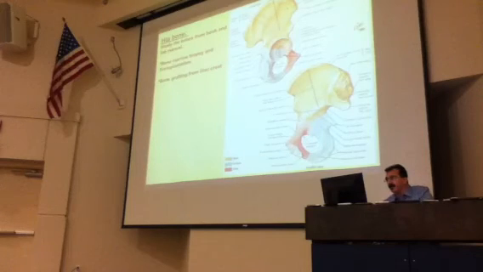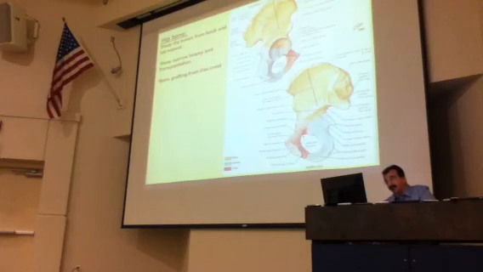Now, this has, of course, an outer lip and an inner lip as well. And anteriorly, it begins or ends here at the anterior superior iliac spine, and posteriorly at the posterior superior iliac spine.